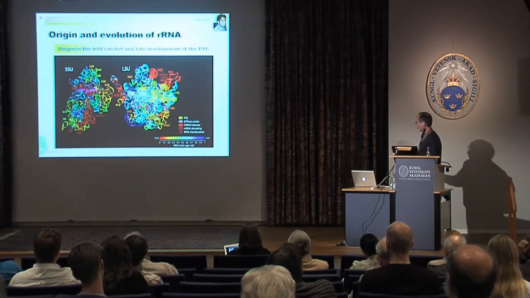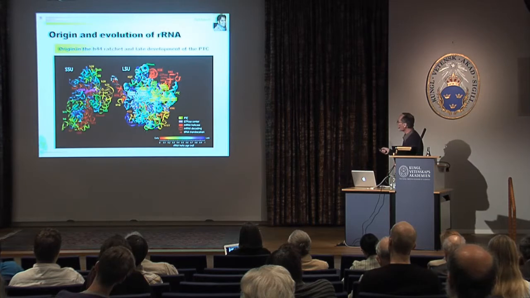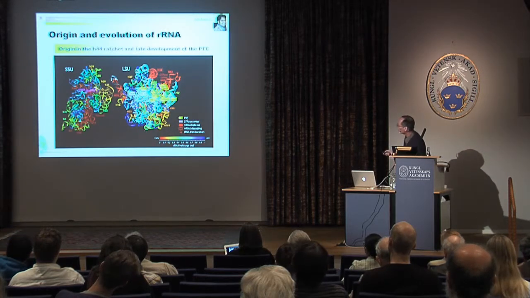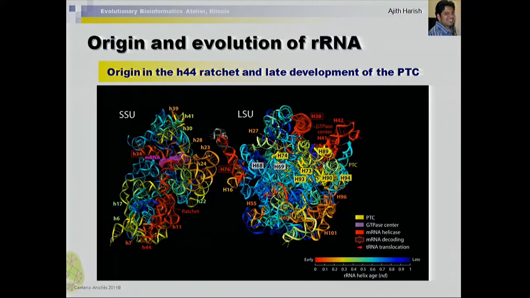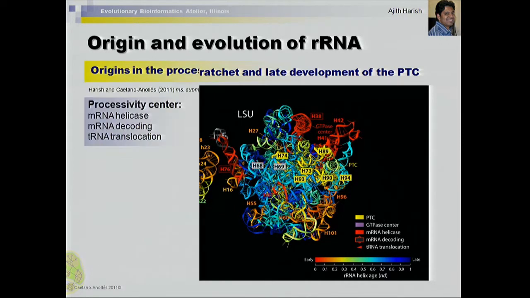So this is the three-dimensional view of mapping the age of those structures. Again, a very ancient ratchet component here in the small subunit. Some structures that are ancient are related to the GTPase center of the large subunit. And in yellow here, you can see the peptidyl transferase center being quite derived in the timeline.